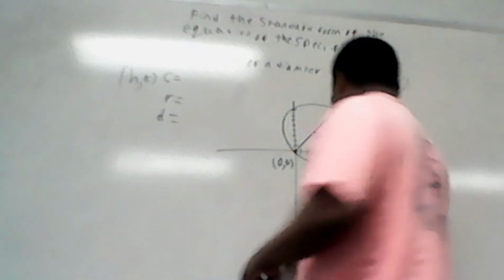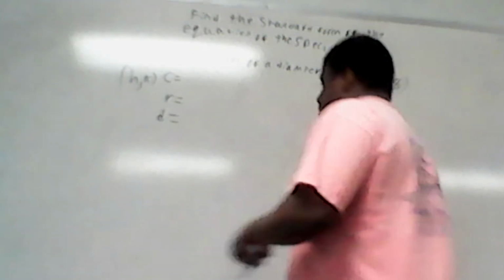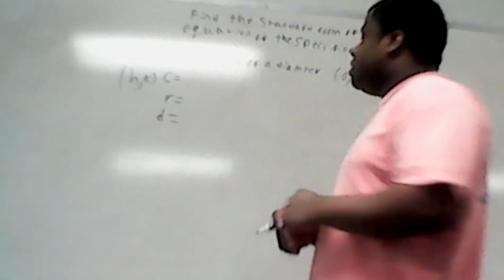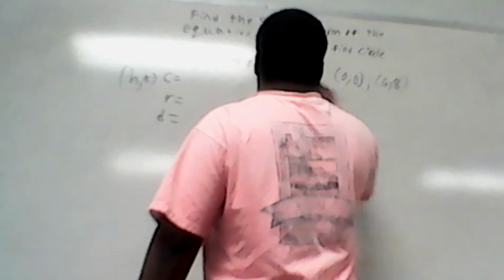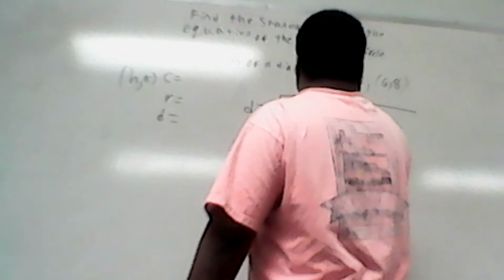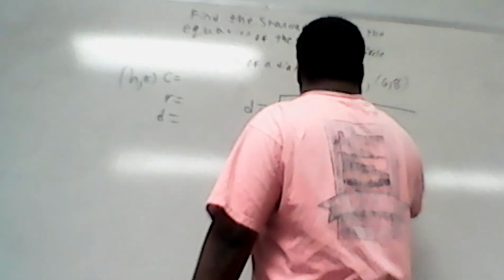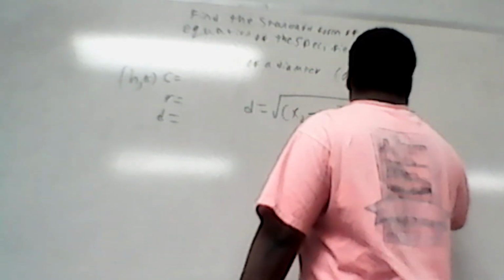Alright, let me erase this. So what I'm going to use to find the diameter is going to be the distance formula. So the distance formula is d equals the square root of (x2 minus x1) squared plus (y2 minus y1) squared.